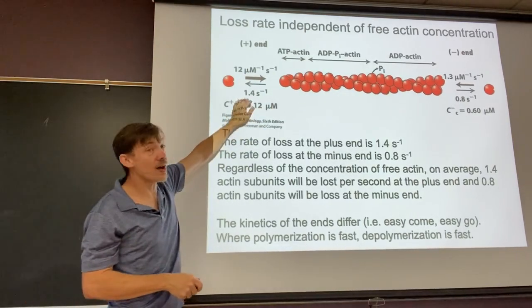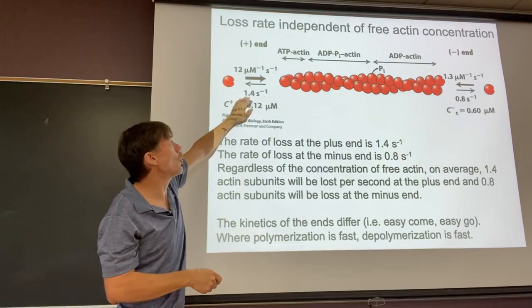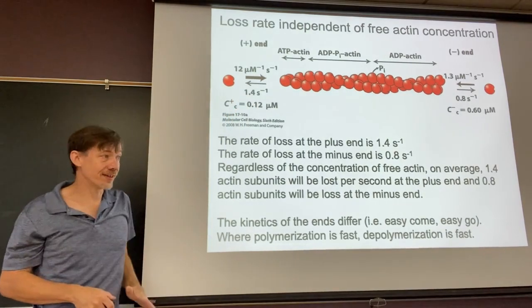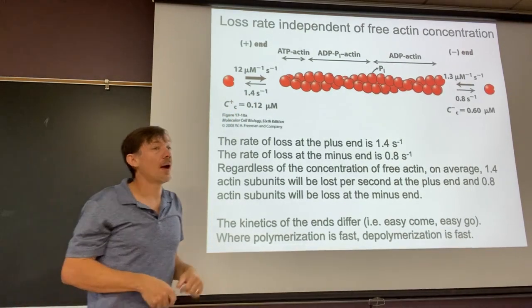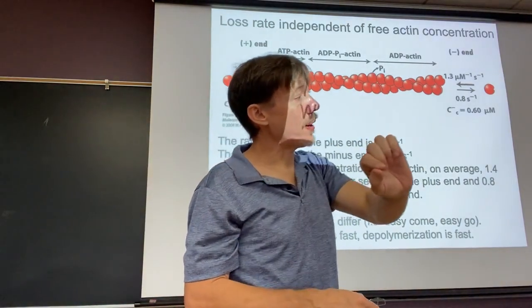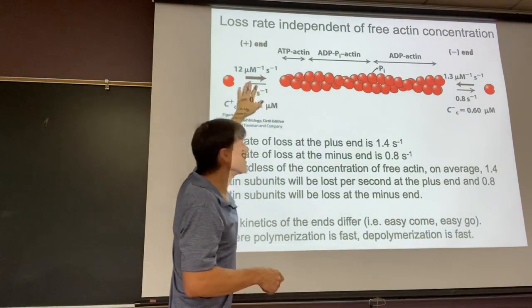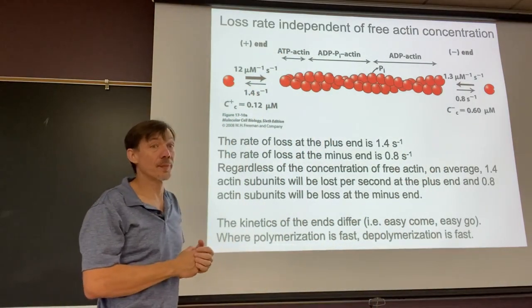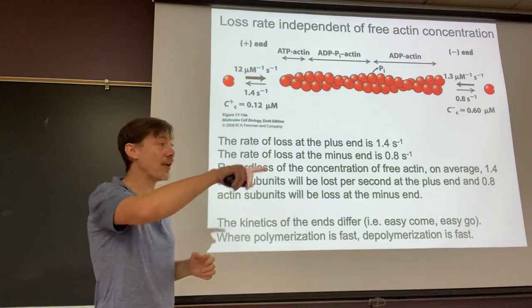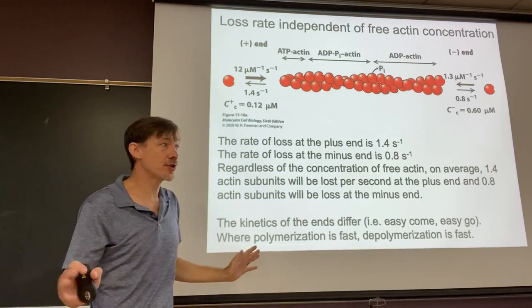If we look at the off rate, we can see, for example, on the plus end, it's like 1.4 per second. So what this is saying is the rate that the polymers disassemble doesn't depend on concentration at all. If we think of this constant, there's only time, there's not concentration.